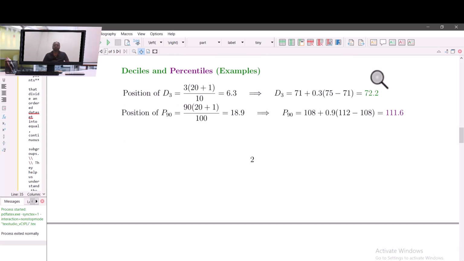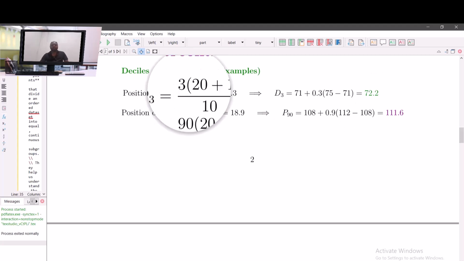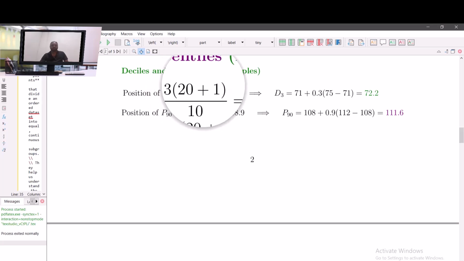Now when we come to the deciles and percentiles, we calculate their values similar to the quartile calculations. For example, the position of the decile is calculated by this formula. The position of decile 3 can be computed using this index method formula.